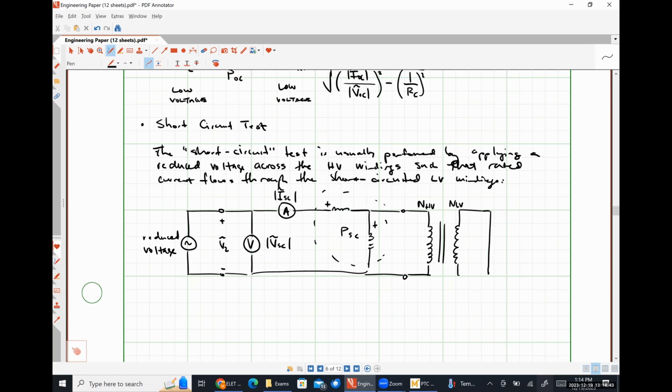And the low voltage windings are shorted out such that rated current is flowing through the low voltage windings.